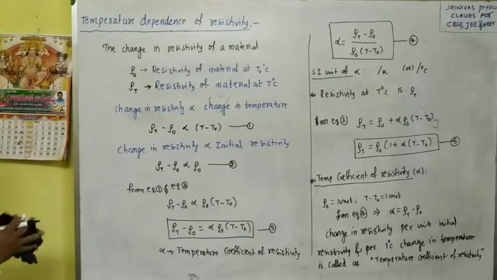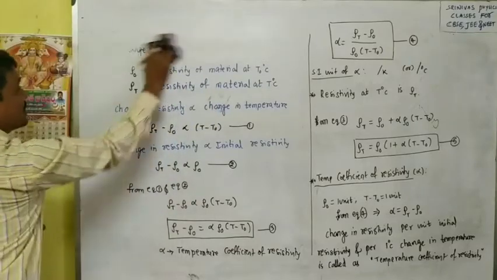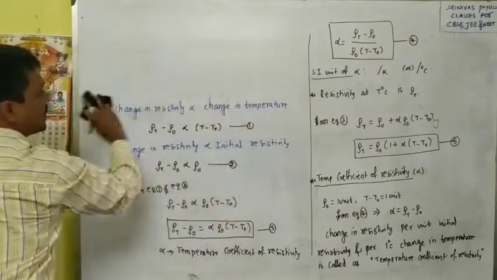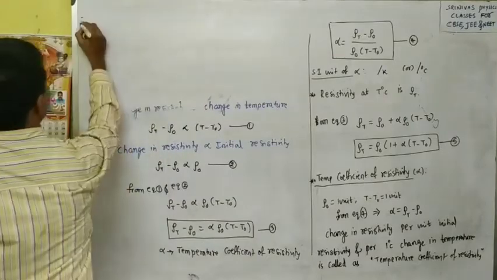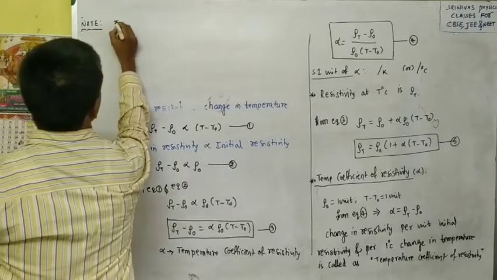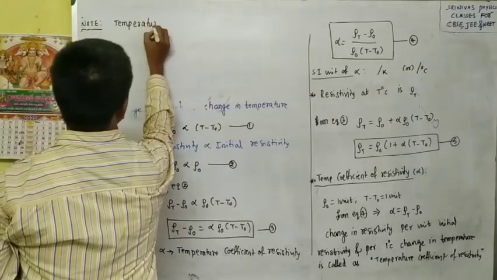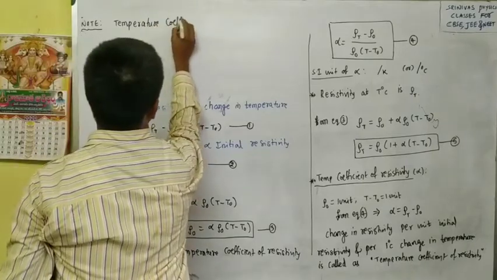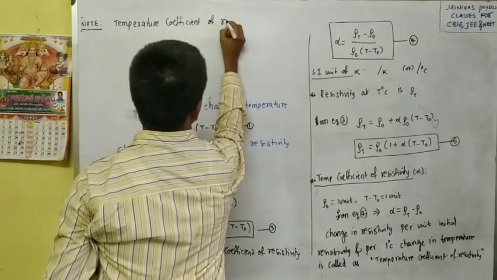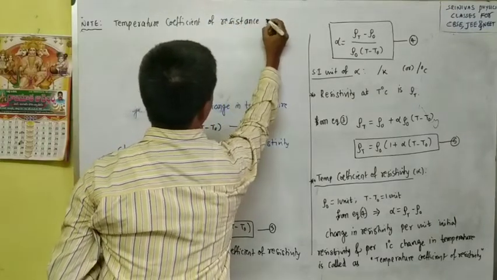I will tell one more formula in terms of the temperature coefficient of resistance. In the note you can write that temperature coefficient of resistivity is alpha, and temperature coefficient of resistance is also written the same way.